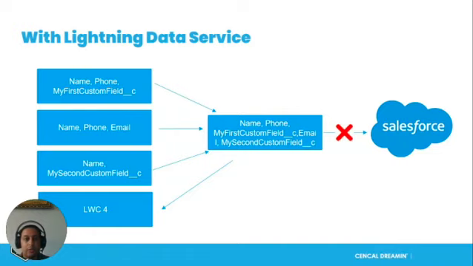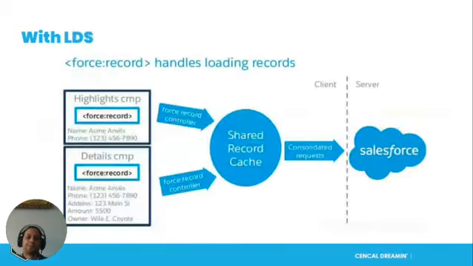Why? Because we already have the response, since we chose to work with Lightning Data Service. So if we want to recap, this is an example. We have two components, and we can imagine those as Lightning Web Components or Aura Components. It's the same thing.